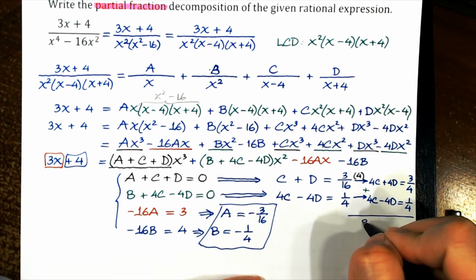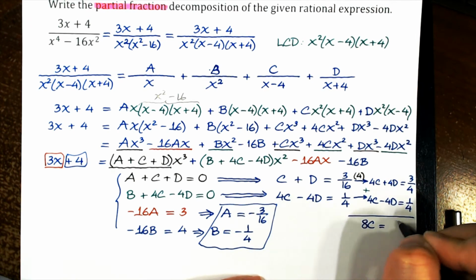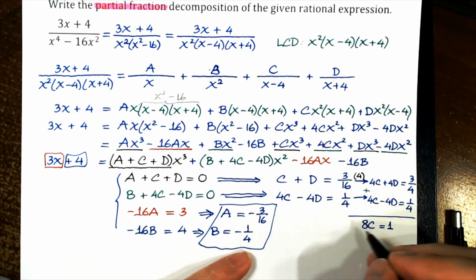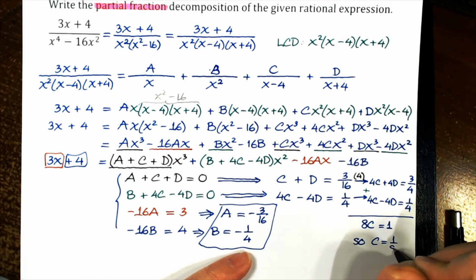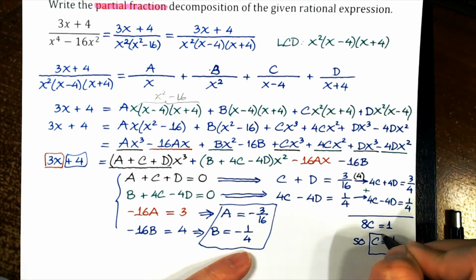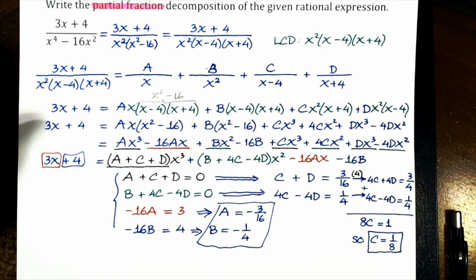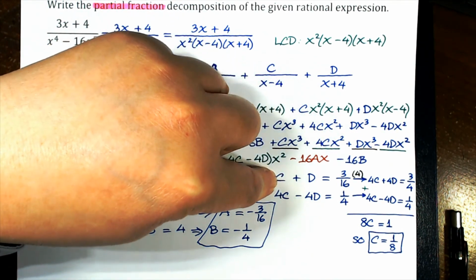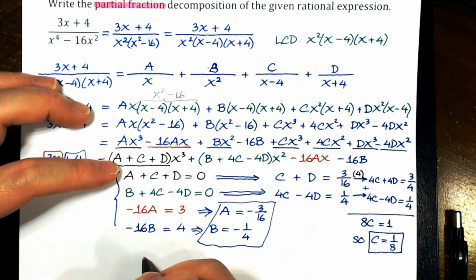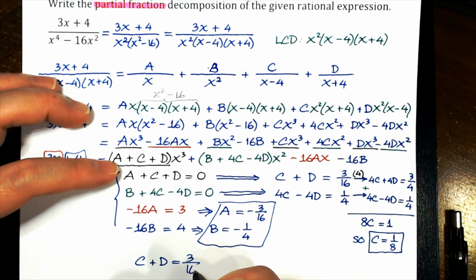We have 8c equal to 1, and so c is 1 over 8. Once we have c, we can put it back in this equation and solve for d. So c plus d is equal to 3 over 16.